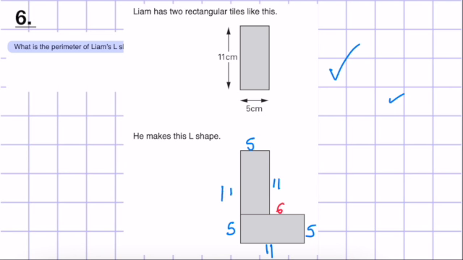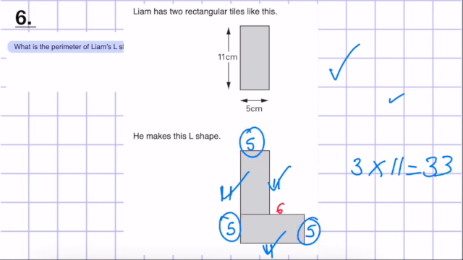I've got an 11, 11, and an 11. So 1, 2, 3. So 3 times 11 equals 33. I've then got 1, 2, 3, 3 times 5, which is 15. And then I've got the 1, which is 6.